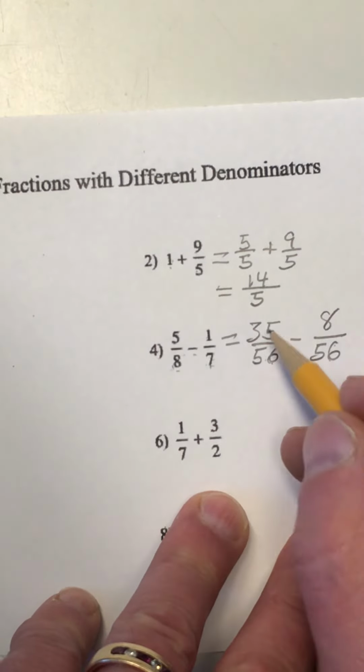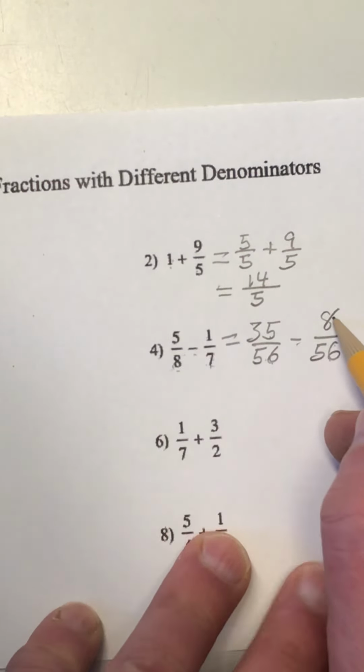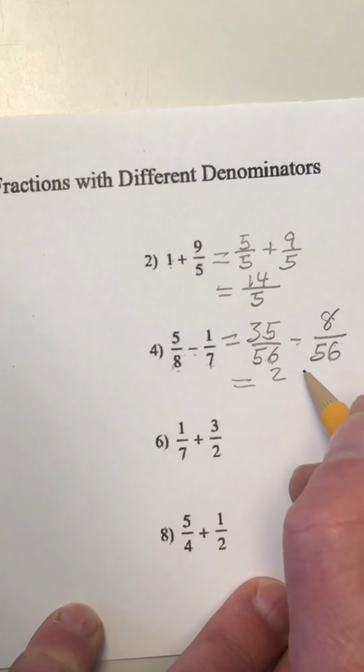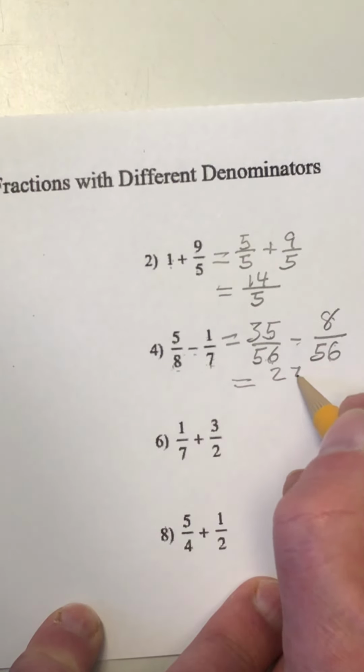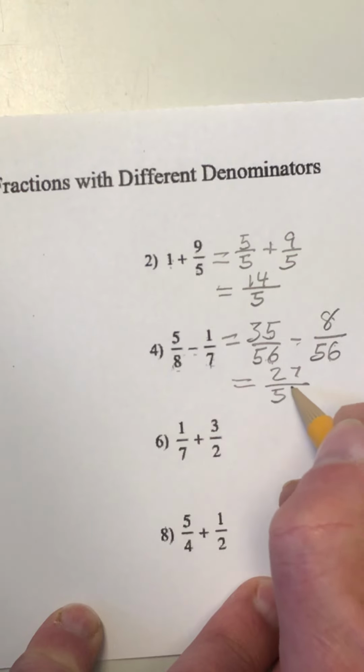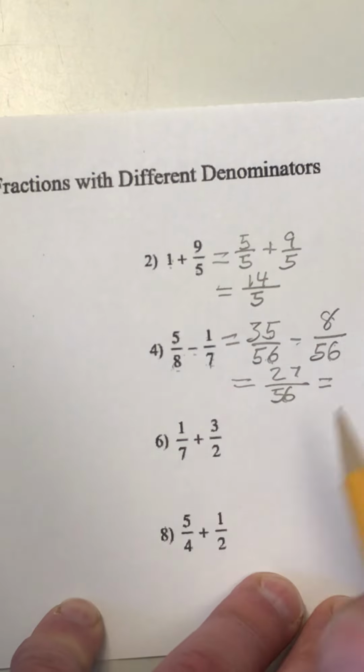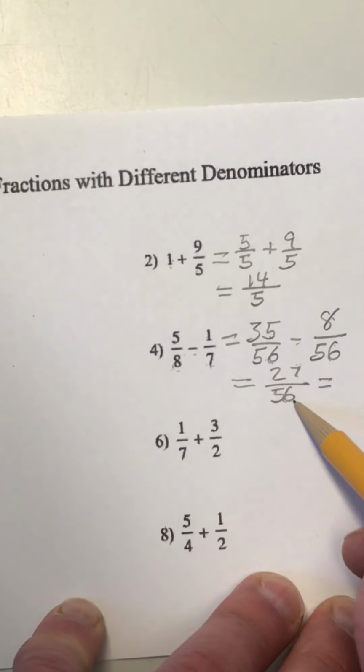So 35 minus 8 would be 27 over 56. Now, guys, we talked about not simplifying. In this case, do they have a common value that they'll divide into?